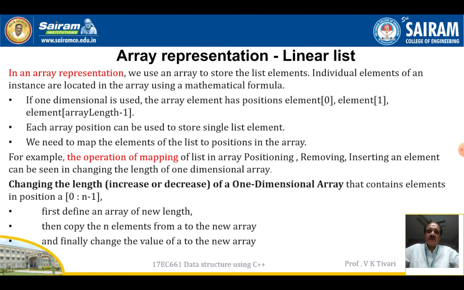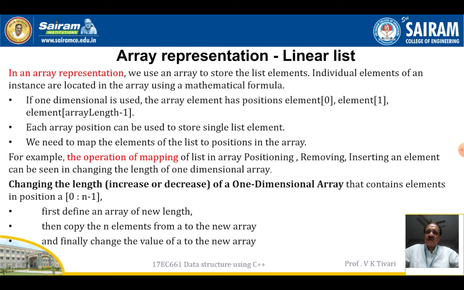Array representation of a linear list. In array representation, we use an array to store the list elements. Individual elements of an instance are located in the array using a mathematical formula. If one dimension is used, the array elements have positions element 0, element 1, up to the last element, array length minus 1. Each array position can be used to store a single list element.